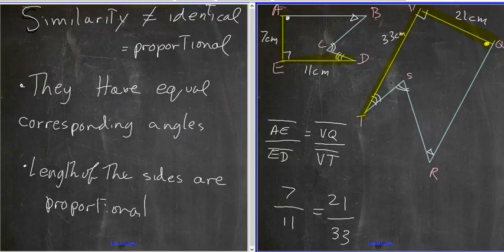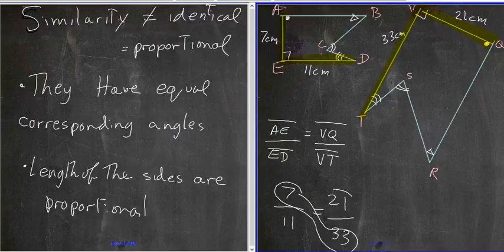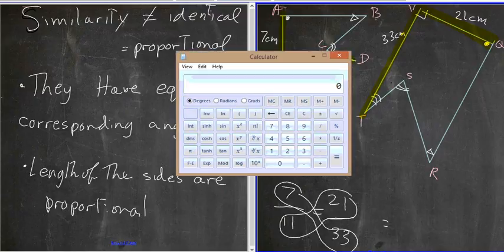How do I solve this? Well, I'm just going to determine the cross products. So using my calculator, what's 11 times 21? It's 231. And 7 times 33 is also 231.